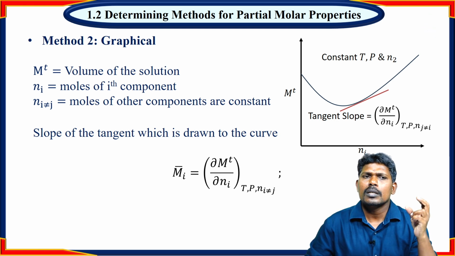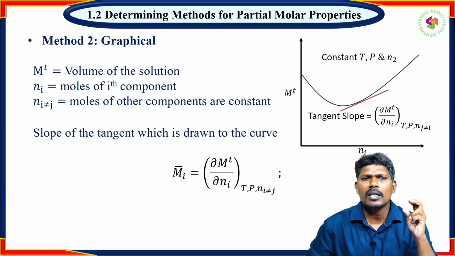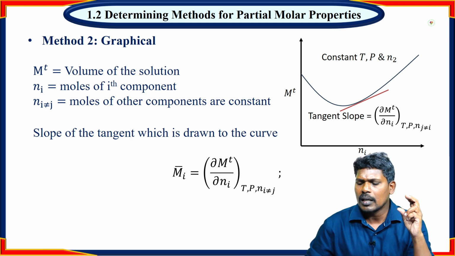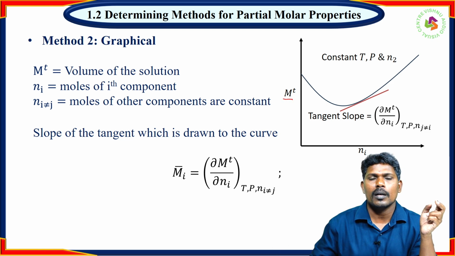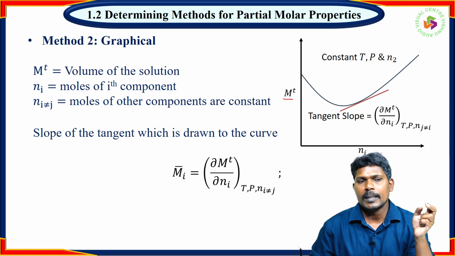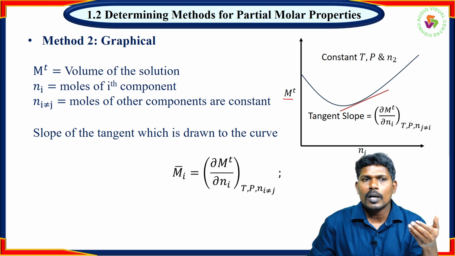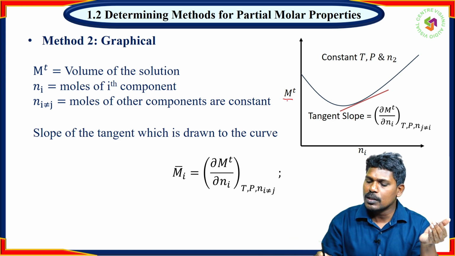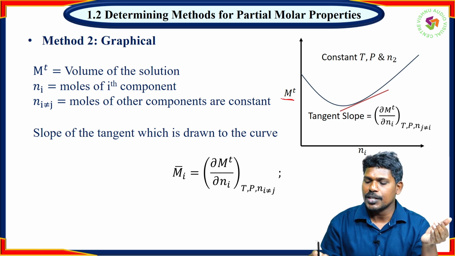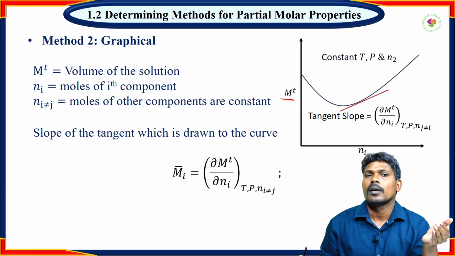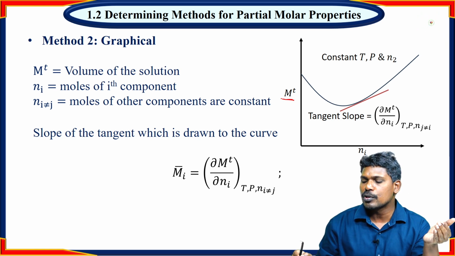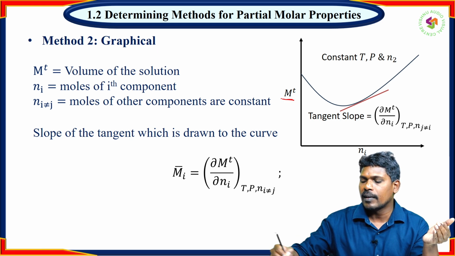In general, draw the graph between the total molar property with respect to ni, the compound you are interested in. As that compound's number of moles is continuously added to the mixture, see how the total molar property changes. When you draw the graph between the total molar property and the change in moles of compound i, we get a graph like this.